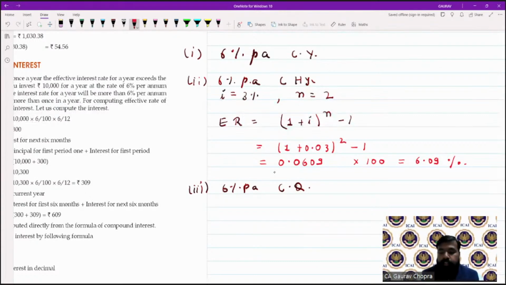So in that case, we can apply the conversion. I will be 6 upon 4, that is 1.5%. Therefore, effective rate will be 1 plus 0.015 to the power of. Now, how many quarters are there in 1 year?